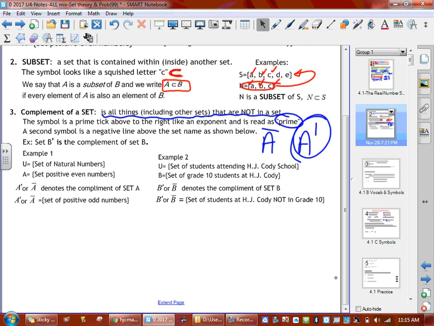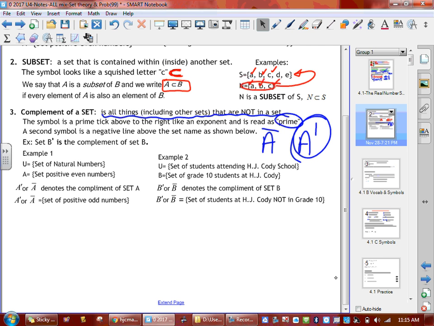So, here's an example. Set U is our universal set. So we're going to talk about all natural numbers. So the numbers 1 all the way to positive infinity, no fractions, no decimals, no negatives, and no zero. A is a subset. It says, here's a set inside, and it's going to be the positive even numbers. Okay, positive even numbers.